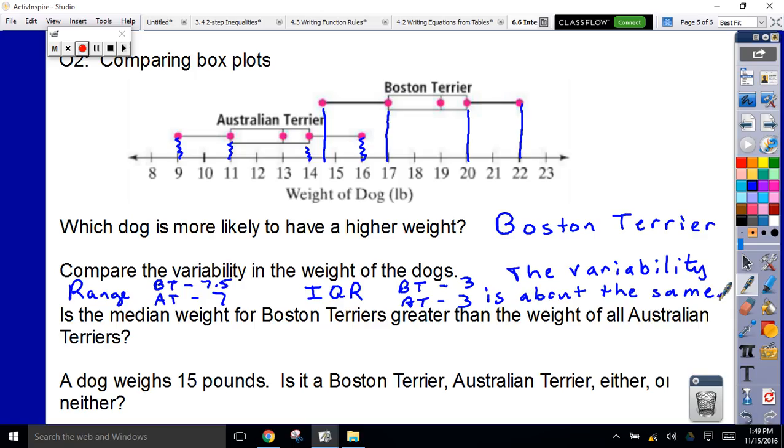Okay, now, listen to the next question. Is the median weight for Boston Terriers greater than the weight of all Australian Terriers? So first of all, what is the median weight for the Boston Terrier? Nick, what's the median weight for the Boston Terrier?